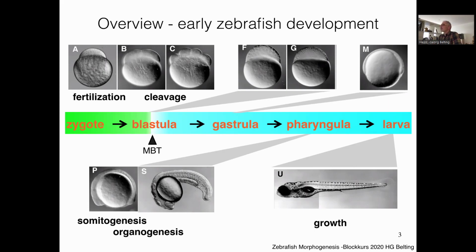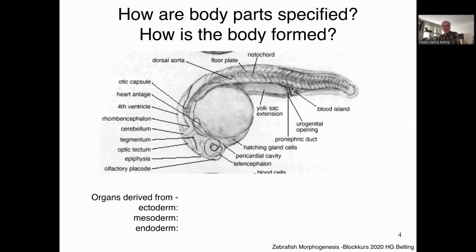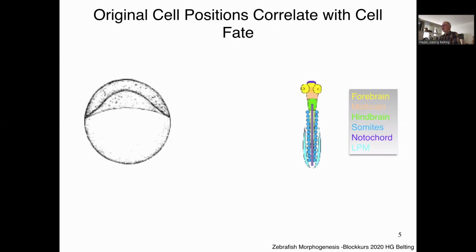How do they become specified? I mean, we know already that these cells here probably are corresponding to the top of the embryo, but these cells here that form the mesoderm, where do they come from? How do they know what organ they should contribute to, and so on. So one way to tackle this is to make a fate map.